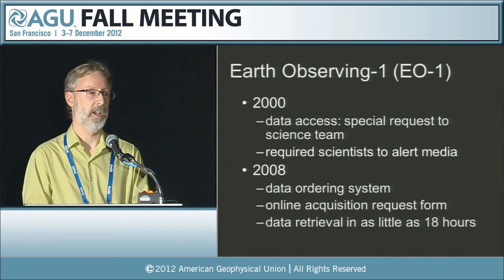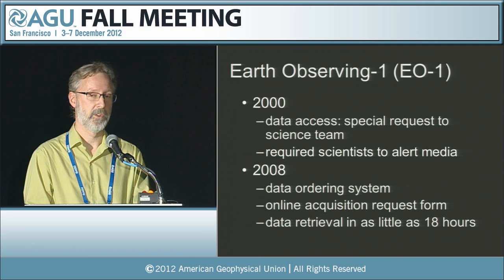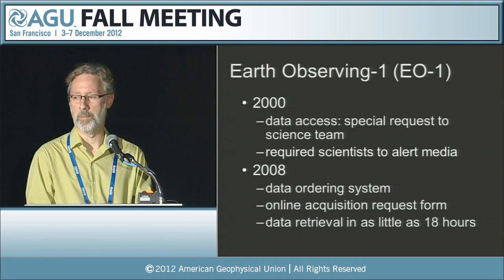Or relying on scientists to communicate to us. Oh, we found this really nice volcano eruption, or we got this really nice shot of a dust storm, et cetera. And so it really required scientists to be proactive to alert the outreach or the media community as to what they were seeing.